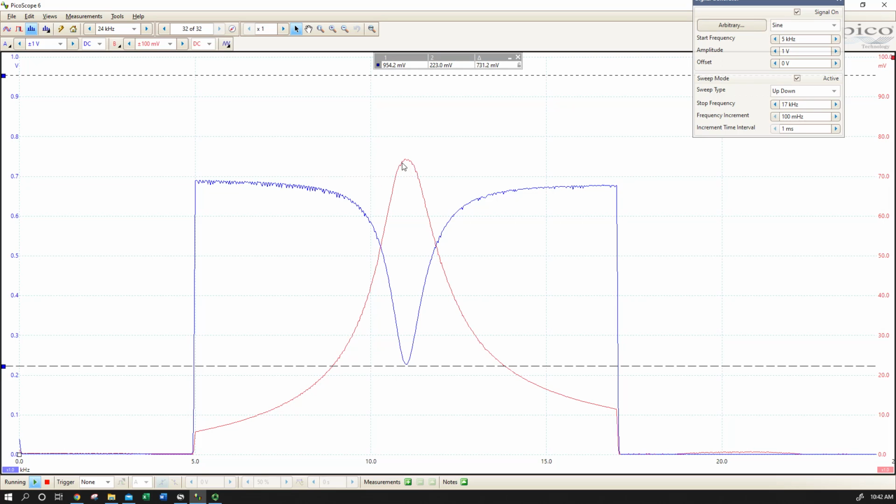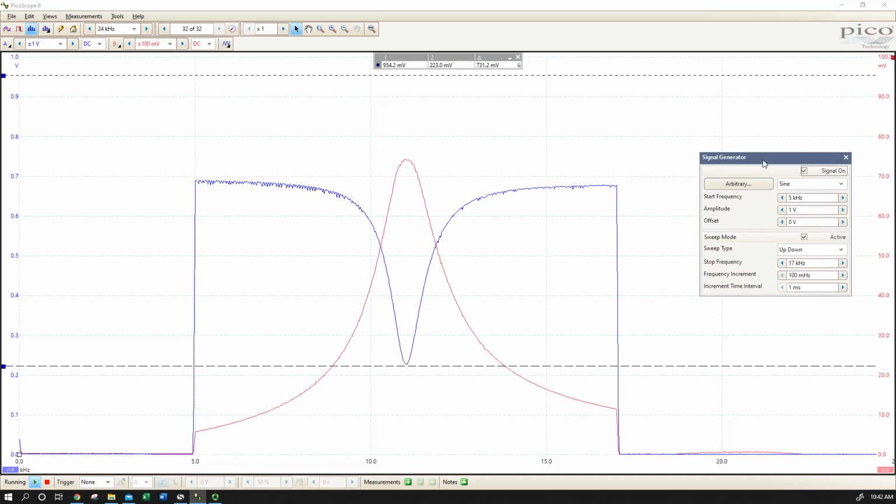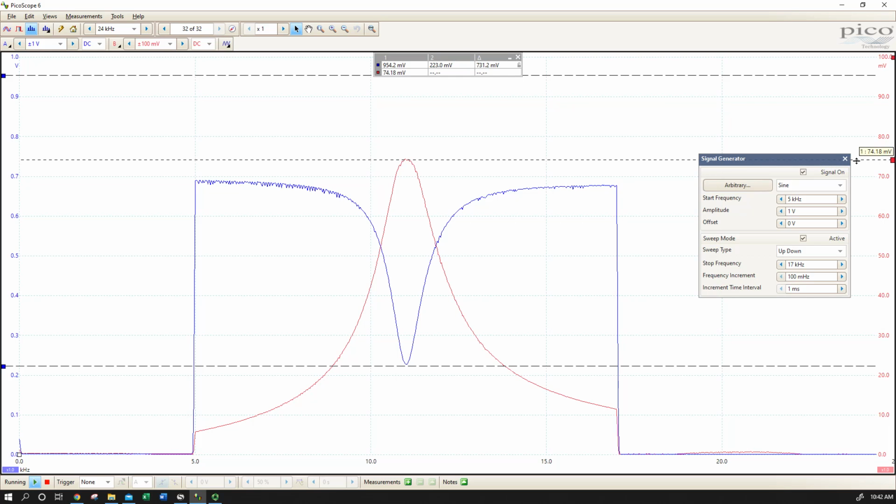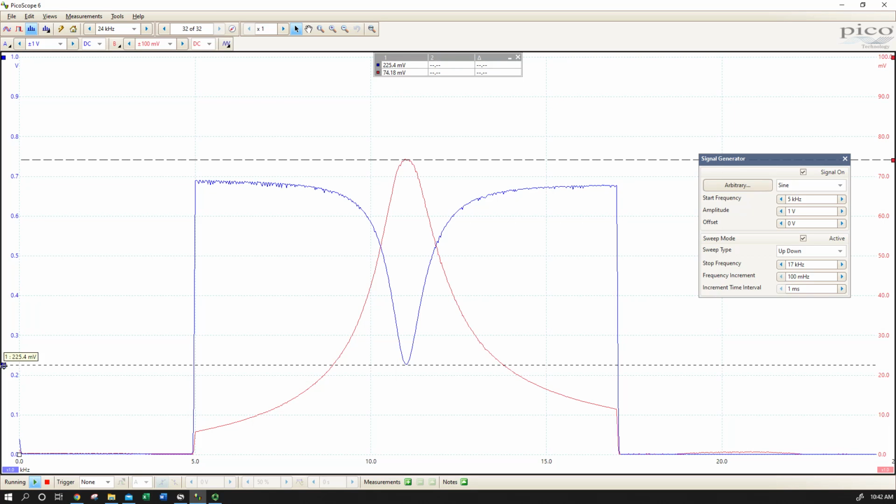It's much easier to measure a bandwidth than to look at the appearance of our resistor voltage drop. We'll use the sliders there, the ruler. So we can see again we've got 74.18 millivolts on our resistor voltage drop, as opposed to 225.